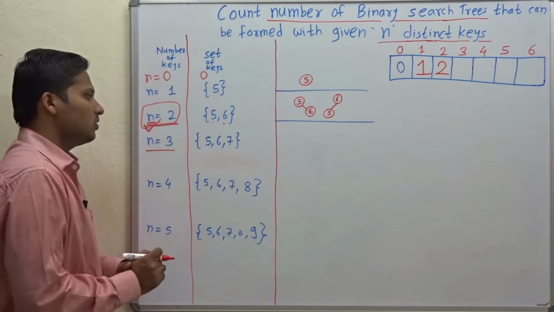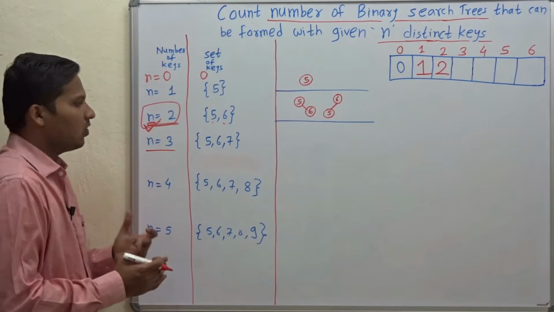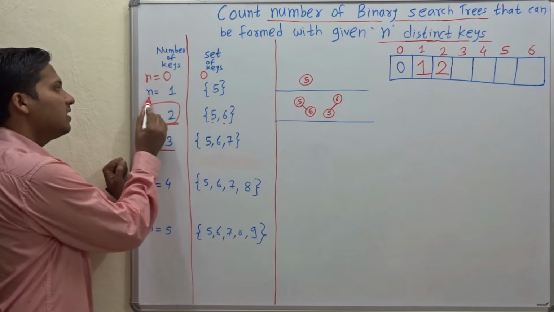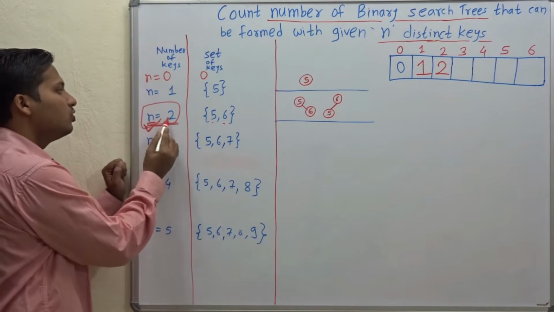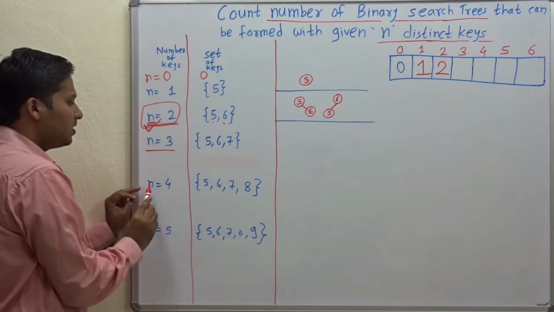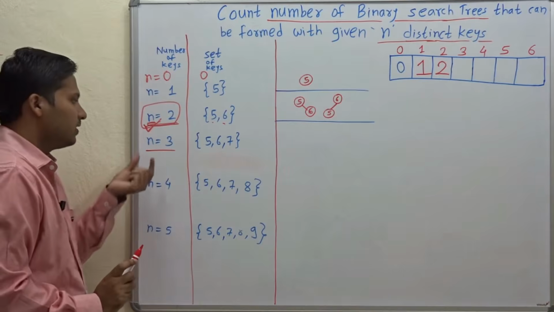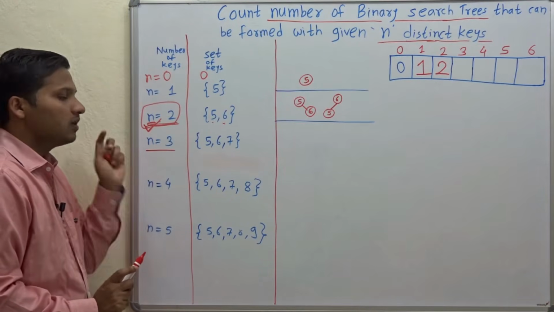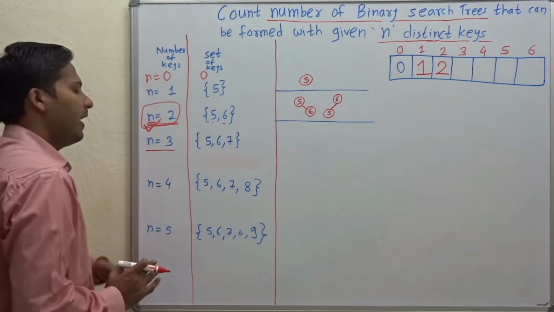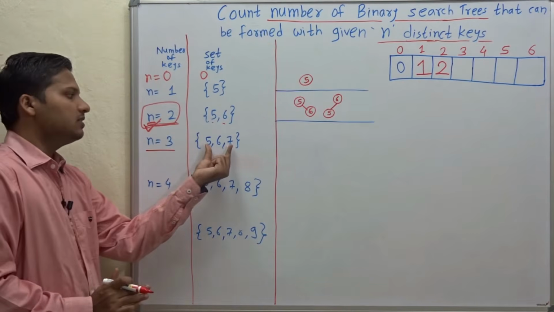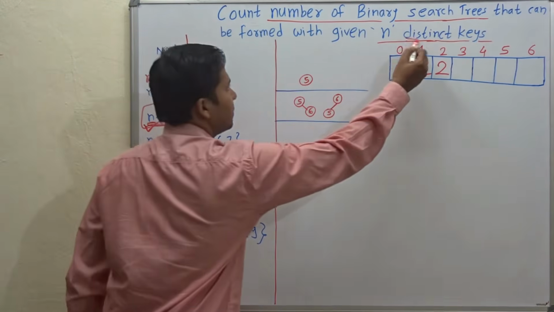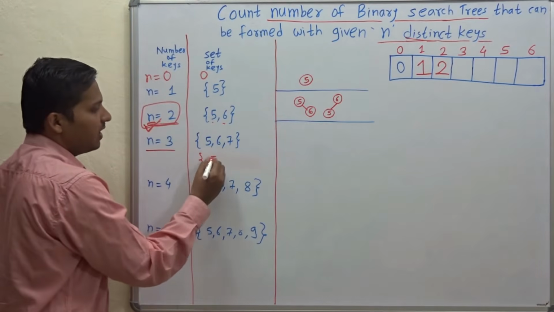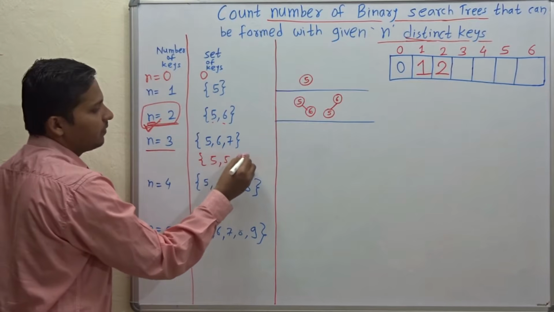Okay, so the only thing we have to focus on is the number of binary search trees when n equal to 1, n equal to 2, then n equal to 3, n equal to 4. So we have to focus on the number of keys. And obviously these keys must be distinct, means they should not be repetitive, it should not be like 5, 5, 7.